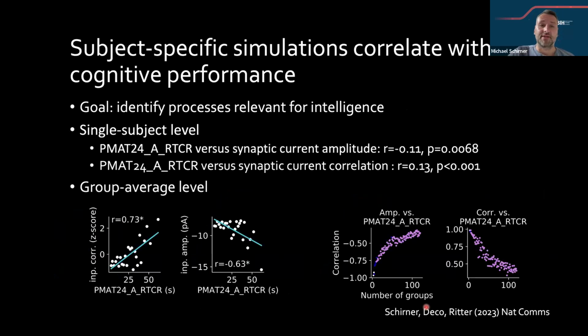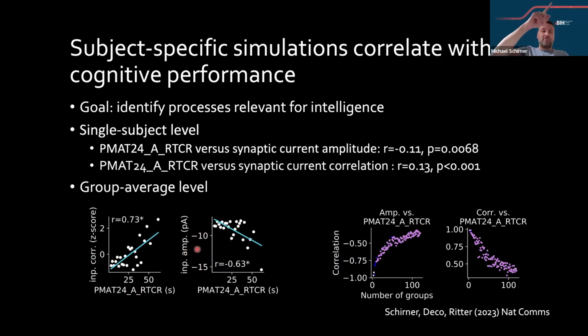intelligence differences. So which aspects in the simulations, not empirical data anymore, correlate with the cognitive performance? And indeed, this is the reaction time of the fluid intelligence test. We have the strong correlation with the input correlation, the correlation between synaptic input currents that go into decision-making populations, and we have a strong negative correlation with the amplitude.